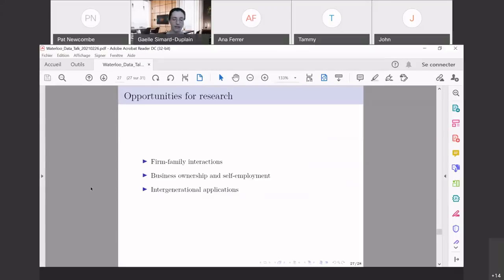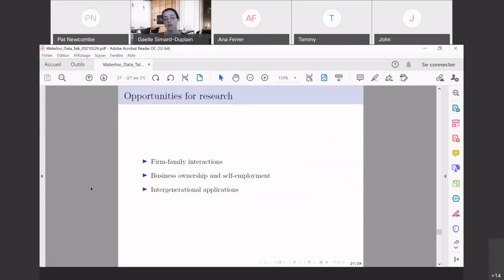I think that the structure of SEED is ideal to look at this, because we've done something quite simple here, but we have information on spouses. We can follow spouses as they move from one firm to the other, as they move across the country, for instance, to follow different jobs. So we can really get into the nitty-gritty of how firms and families interact and how that determines the outcomes of men and women differently.